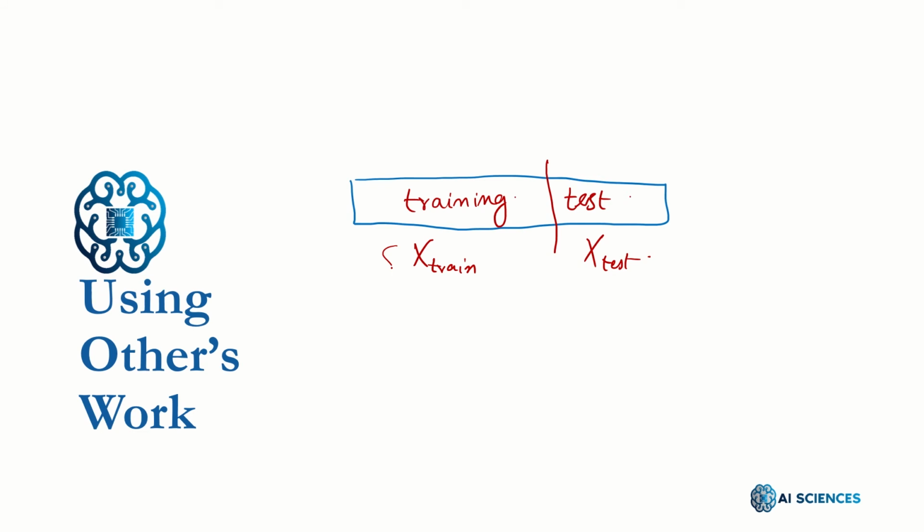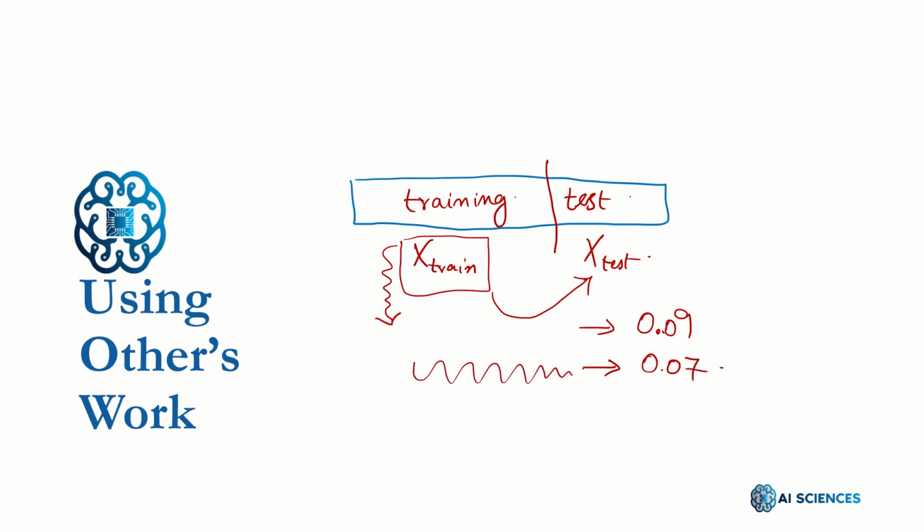And they gave some learning algorithms that are trained on X train and then evaluated on X test, and they have certain errors. For example, 0.09 is the error for some algorithm on this benchmark. Consider this data set as a benchmark. Some other research group appeared and gave an error of 0.07 by choosing different kinds of models on this training data, and then testing on this test set.